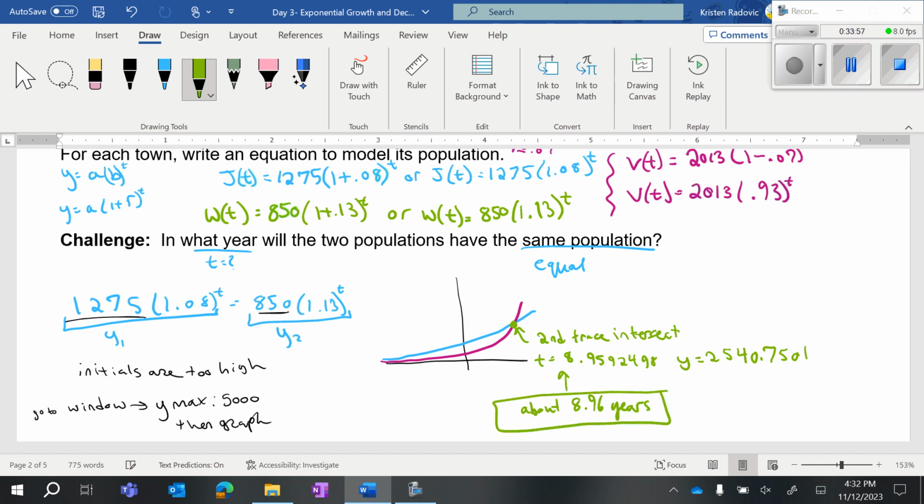And how many people are they going to have? They're going to have about 2,541 people. Can't have half of a person. So I'm going to round up to 2,541 people.